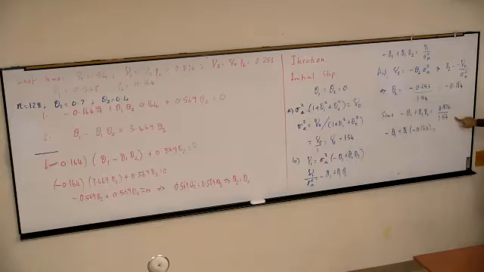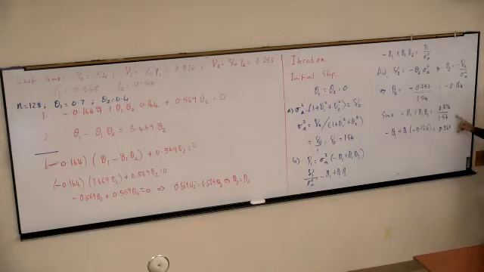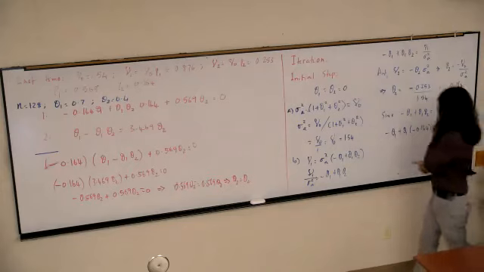What is that number? 0.6 something. 0.569. Okay. 0.876 divided by 1.54. Yeah, 0.569.